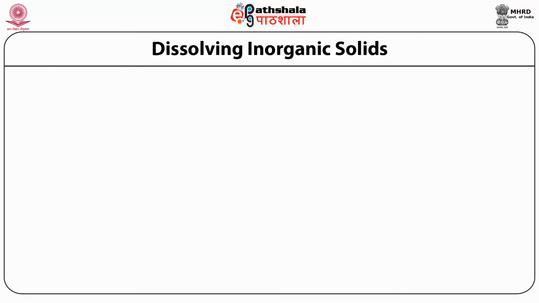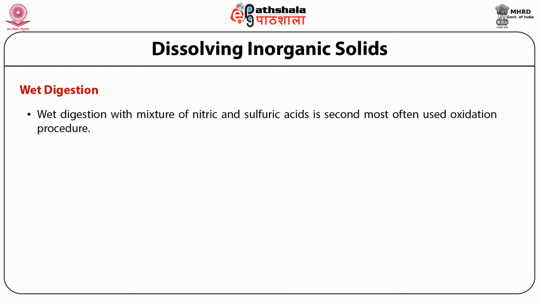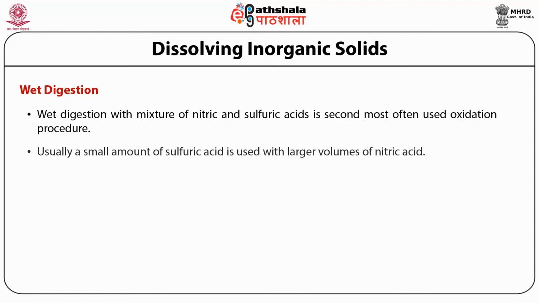The second one is wet digestion. Wet digestion with a mixture of nitric and sulfuric acids is the second most often used oxidation procedure. Usually a small amount of sulfuric acid is used with large volumes of nitric acid. Wet digestions are usually performed in a Kjeldahl flask.